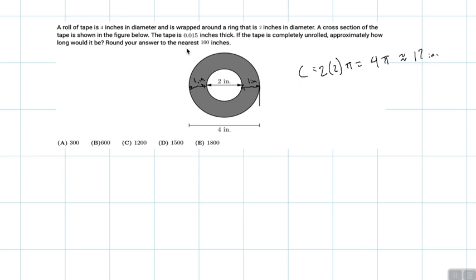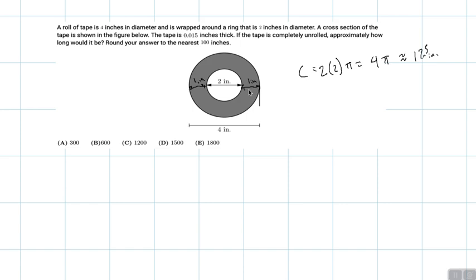So every time it's unrolled, that's 12 inches of tape. We're going to keep unrolling it until it goes an inch. So really, what we want to find out is, we know every time it's unrolled, one time around, that's 12 inches of tape. Or to be more exact, 4 times 3.14, it's about 12.5.